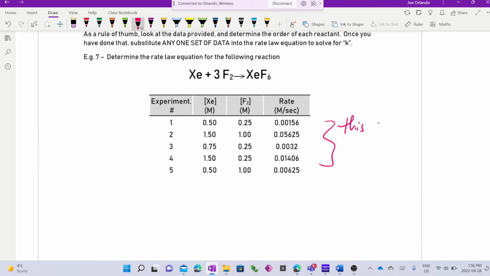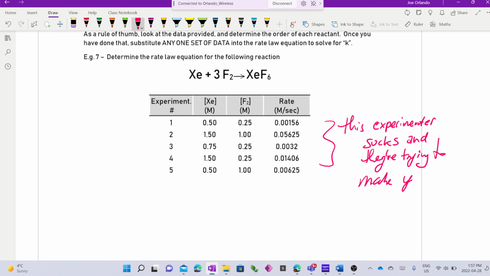Don't do that. This experimenter sucks. And they're trying to make you look stupid. Don't let them make you feel dumb. Get this. Better than this? I like that.